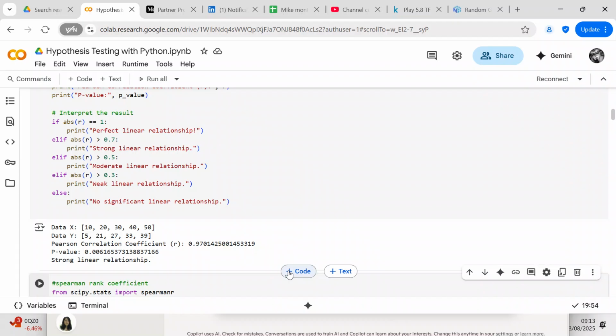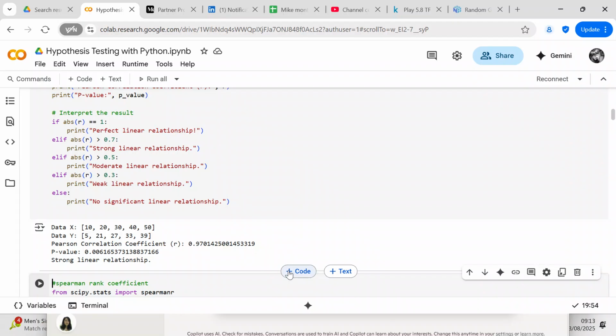Data Y is 5, 21, 27, 33, 39. X is your independent variable and Y is your dependent variable. We've got our Pearson's correlation coefficient is 0.97. That indicates that it's a near perfect positive correlation.